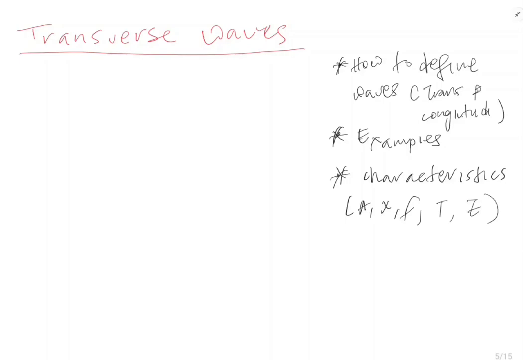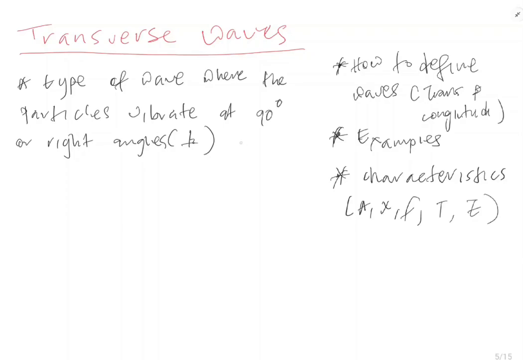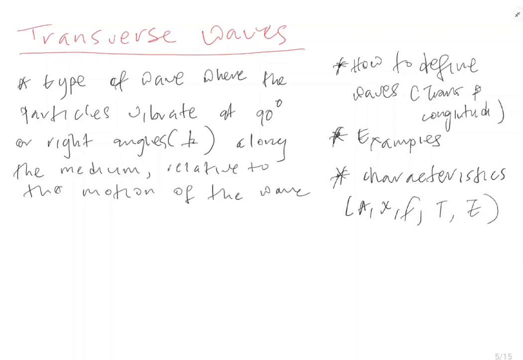So now let's go to what a transverse wave is. A transverse wave is simply a type of wave whereby the particles vibrate at right angles along the medium relative to the motion of the wave. One example of this type of wave is a water wave.